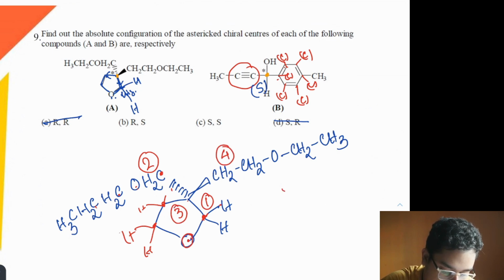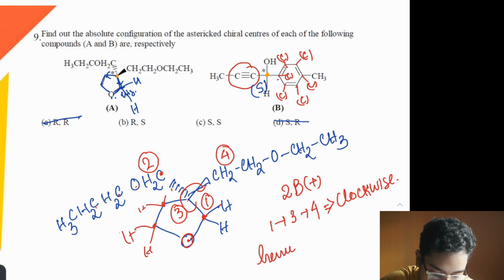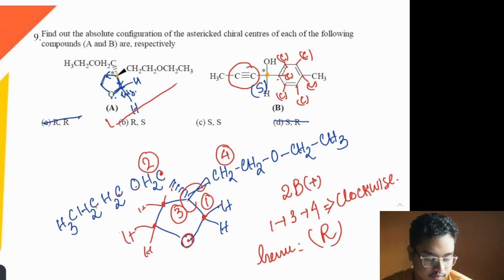So this will be 2F minus, 2B plus, 1 3 4 is clockwise. Hence R. So the option is this. Okay, so now we move to our next question.